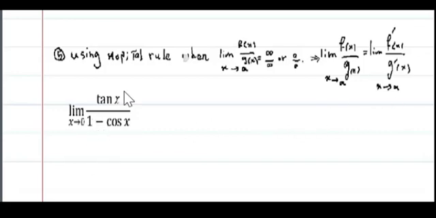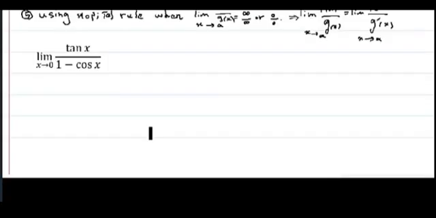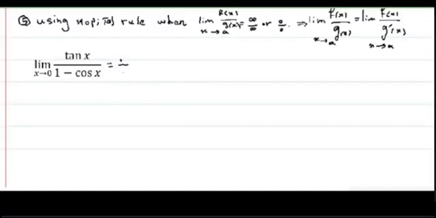The limit of tangent x over 1 minus cosine x when x approaches 0. If I put 0, tangent of 0 is 0 over 1 minus cosine of 0, which is 1 minus 1, which is 0. So it is 0 over 0, and I can use L'Hopital's rule.